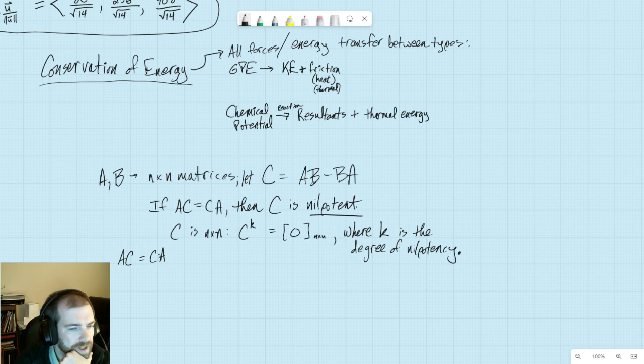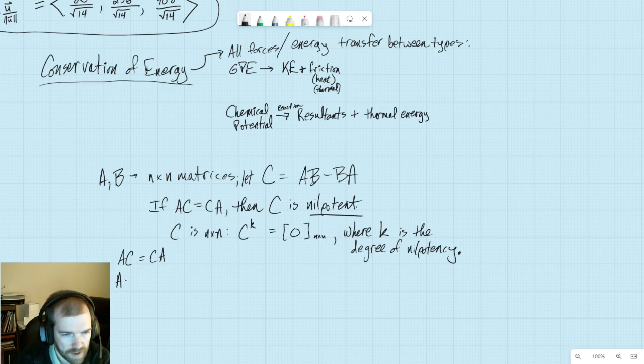So here, I think if you start with AC equals CA, and then plug in C for these bits, AB minus BA for these bits, I think that it'll kind of come out.